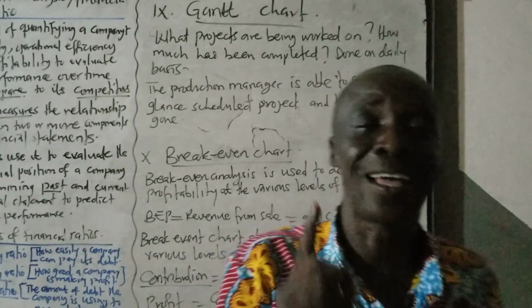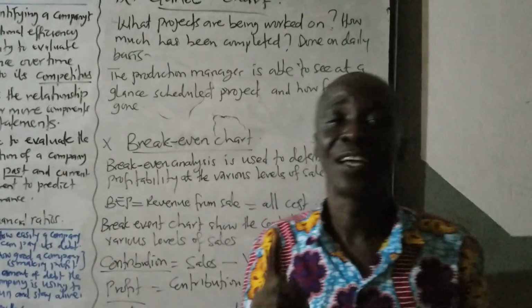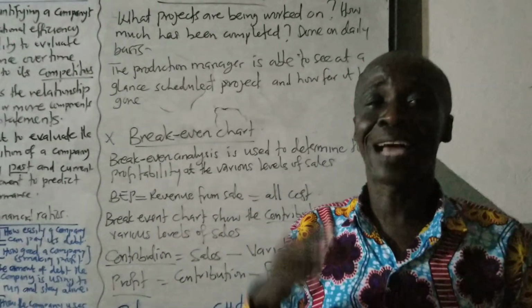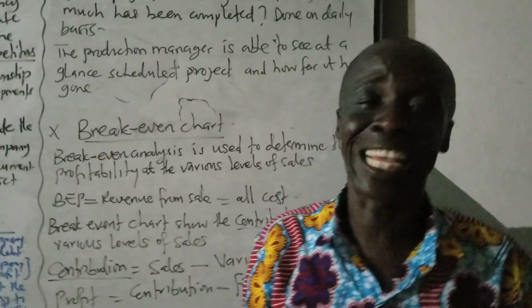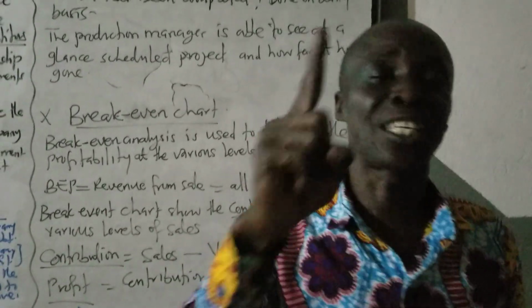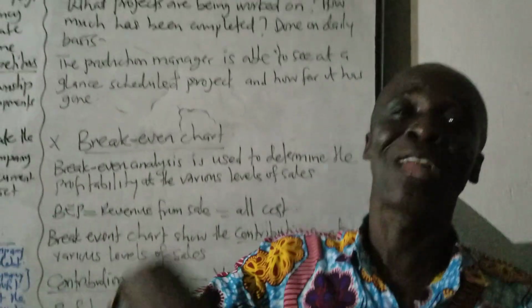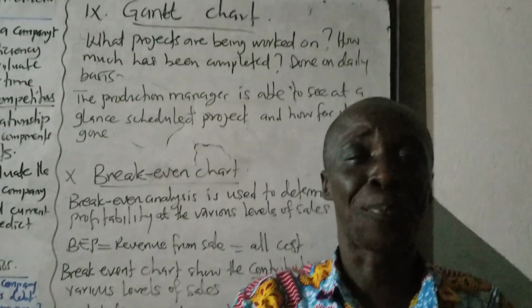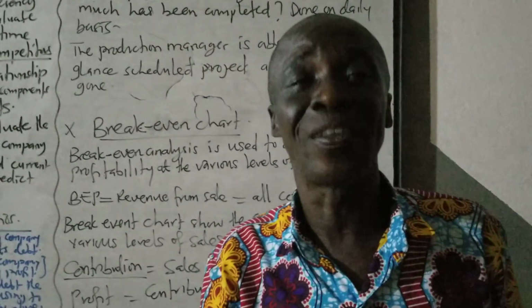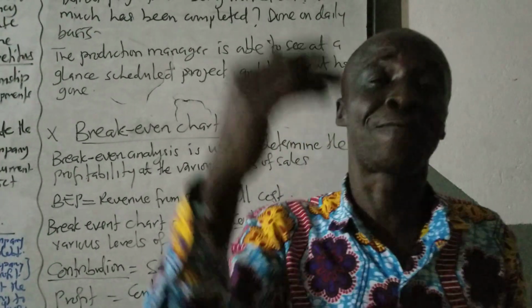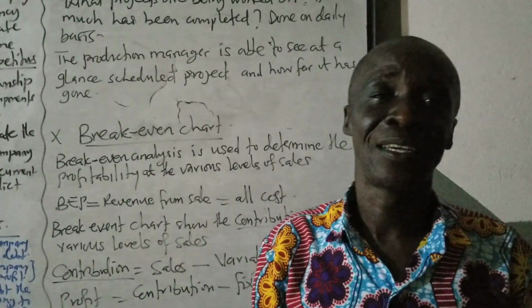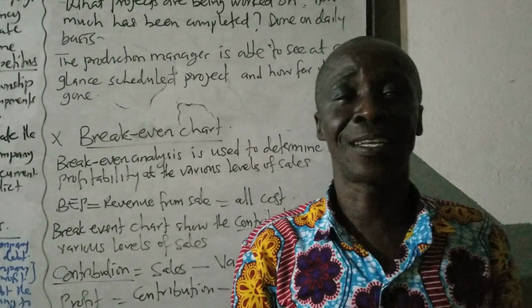So if you are a manager, especially the sales manager, you should know that I have manufactured 1,000 products. I spent 10,000. How much is one? How many products should I sell in order to get to a point where I have broken even? Assuming you have to sell, let's say, 500 of the product before you get 10,000 Ghana cedis.